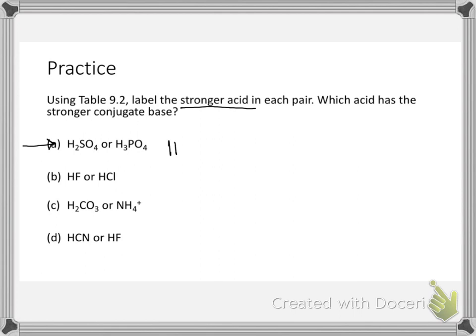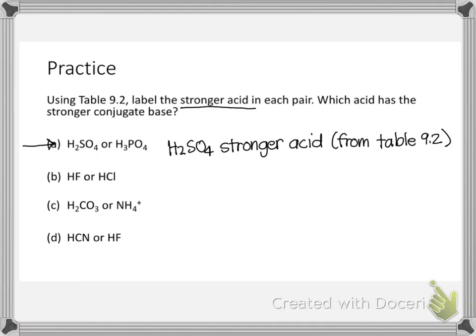So H2SO4 is the stronger acid. And I got that from the table. Now, it says which acid has the stronger conjugate base. So for me, I have to think about this, and I think, okay, what we learned is weaker acids, it's an opposite relationship. So weaker acids have stronger conjugate bases.